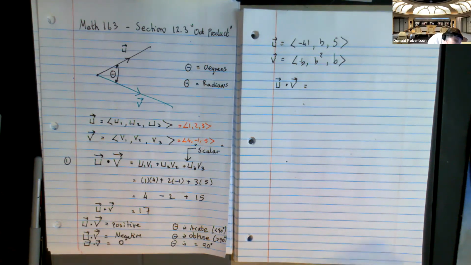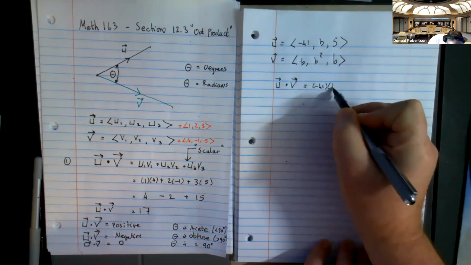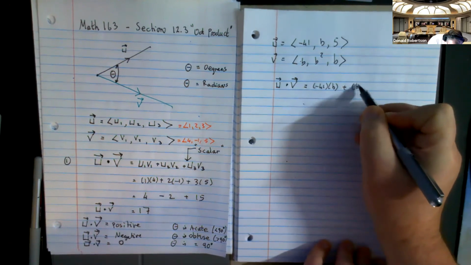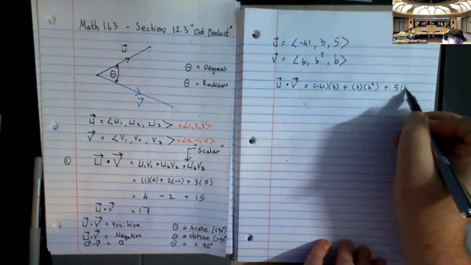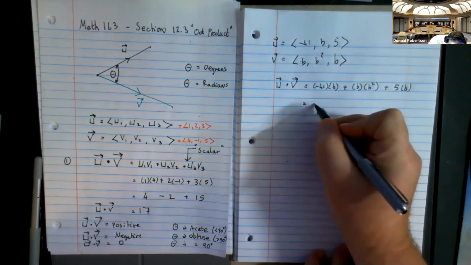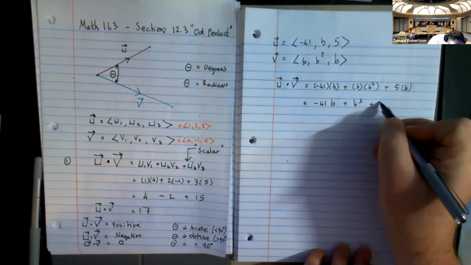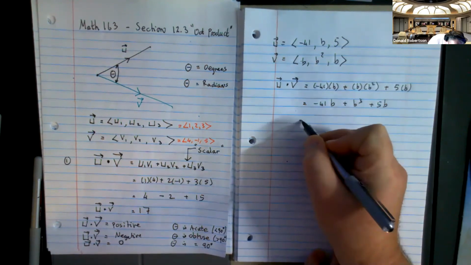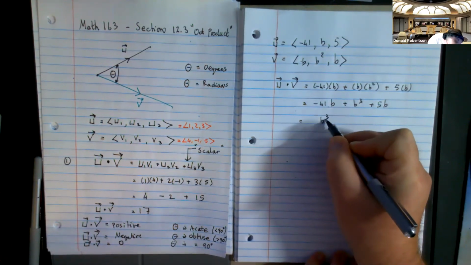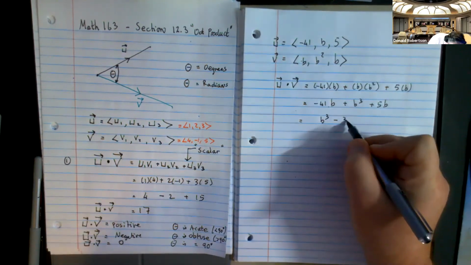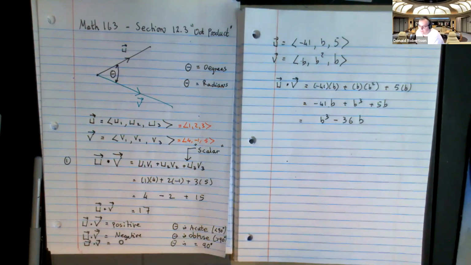So let's see what we get. -41 times b, add b times b squared, add 5 times b. -41b, add a b cubed, add a 5b. These can combine a little bit. And what do you get? You get b cubed, take away 36b.